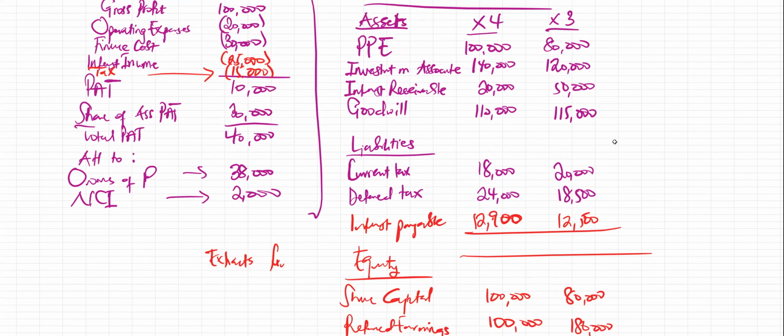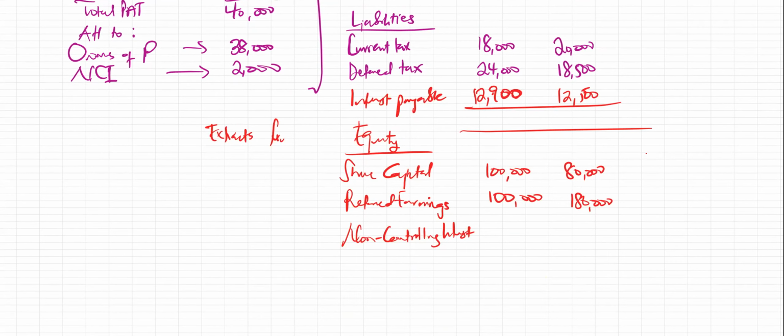So NCI, let's just put here 85,000, and here 125,000. Okay.